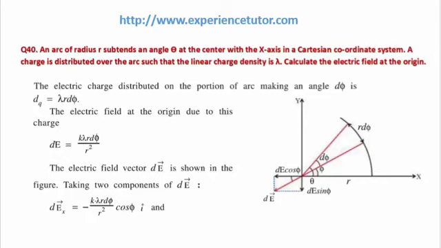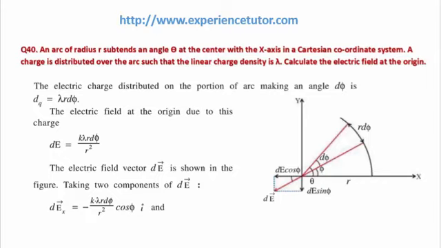The electric charge distributed on the portion of arc making an angle d phi is dq = lambda r d phi. The electric field at the origin due to this charge is dE = k lambda r d phi/r².